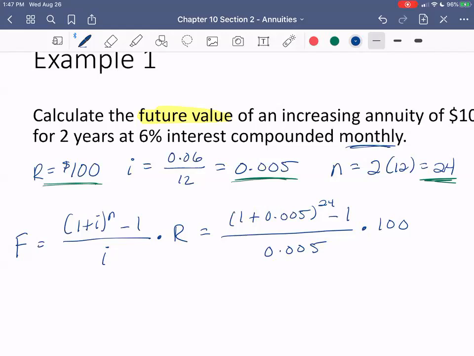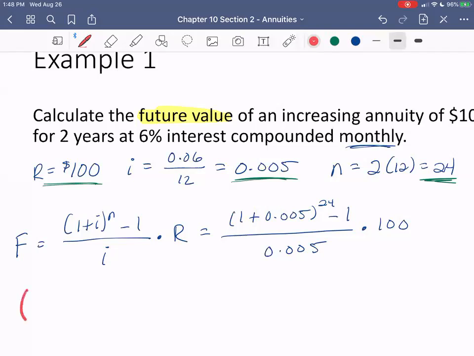So now you're going to plug this into your calculator. I apologize. If you're using a TI-30, I'm going to write right below it how you should plug this into your calculator. I'll write it in this pinkish color.